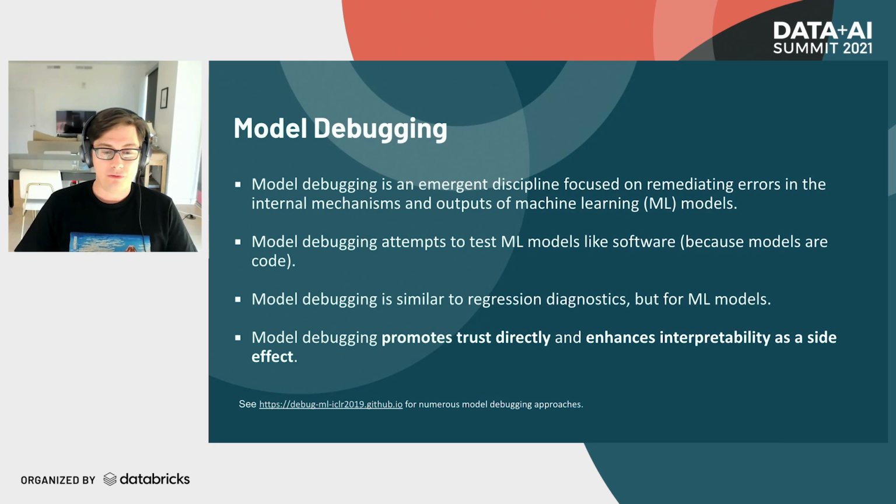And another great benefit is that when I really start digging in and testing my models, I tend to learn more about them, and it increases the interpretability of my model as well. So, just to summarize, we want to promote trust directly with model debugging. And there's a nice side effect: when I get in there and start digging around and fixing things, I learn more about my models, and so my interpretability tends to increase as well.